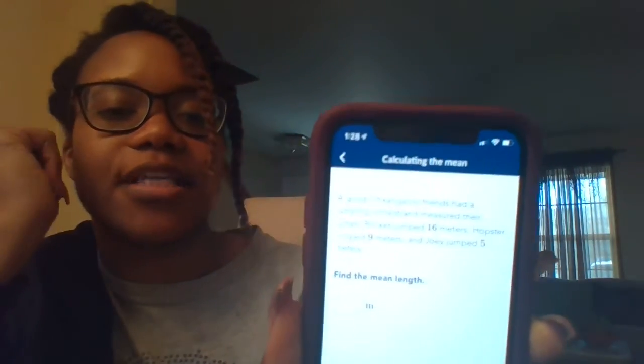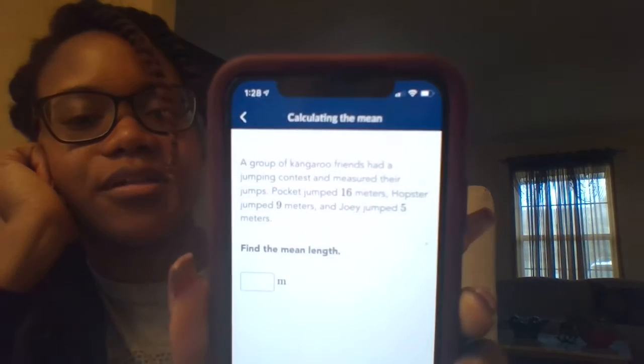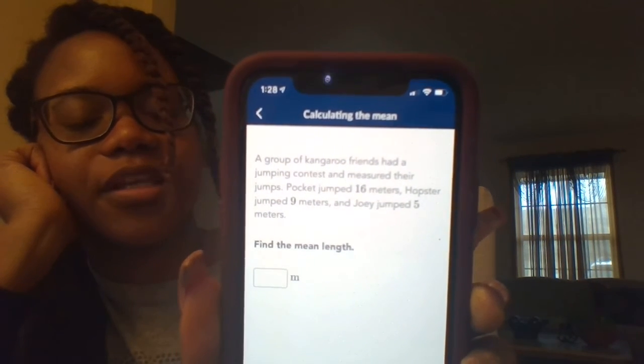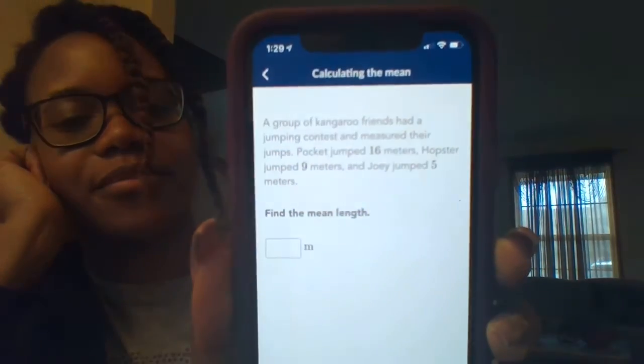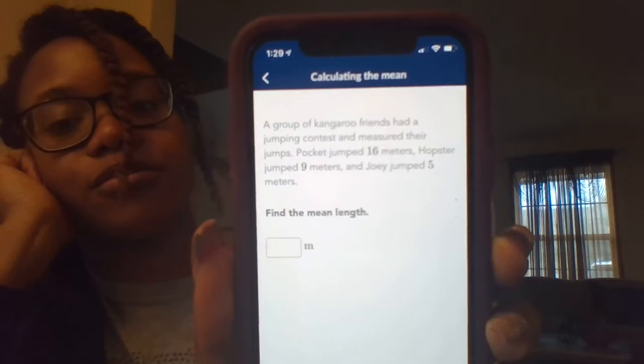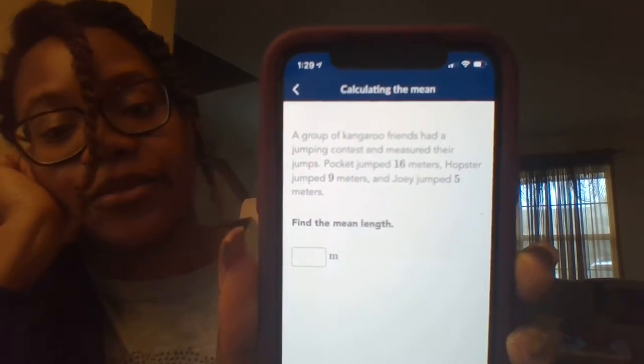So again, we're just given a scenario talking about jumping. They give us the length that each, I believe, kangaroo jumps. So what we're going to do is add those 3 values together and divide by 3 to find the mean. So we're going to add 16 plus 9 plus 5 and divide by 3.